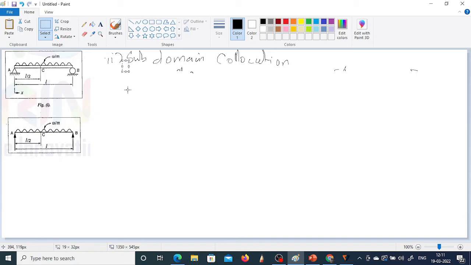Our trial function is y equal to A into sine pi x by L. Here I found the A value as A is equal to WL power 4 divided by 2 pi cube EI, likewise I got in our previous step. This 2 pi cube can be simplified again.